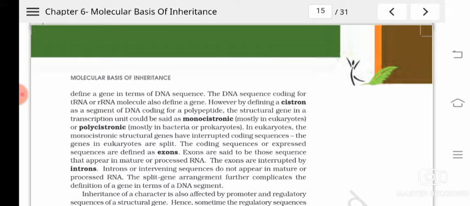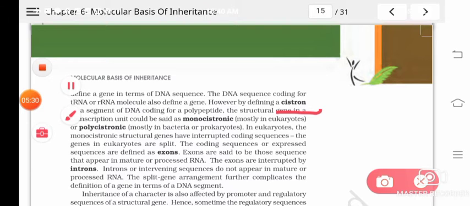Another term is a cistron. A cistron is the segment of DNA that codes for a polypeptide. Understood? So a gene is the functional unit, and some genes may not be present one after the other, meaning all the nucleotides of a gene may not be present together.